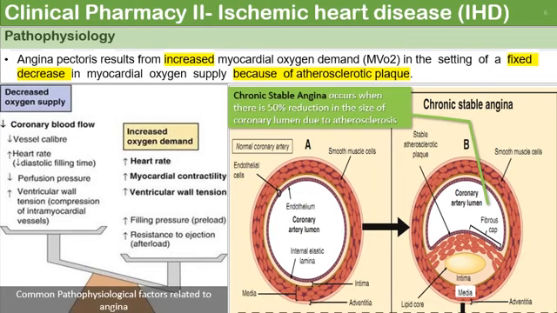Sometimes other diseases decrease oxygen supply, like in a severe asthmatic attack, in which there is no problem in the vessel that transports the blood, but there is a decrease in the amount of oxygen transported from the lung to the myocardium due to severe bronchoconstriction.